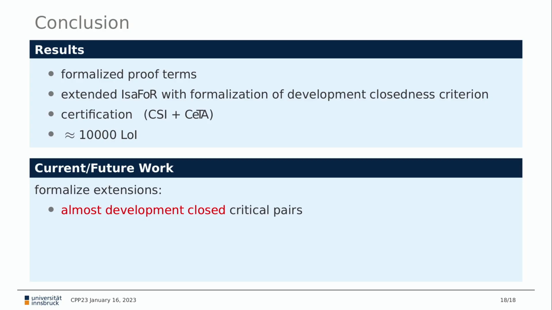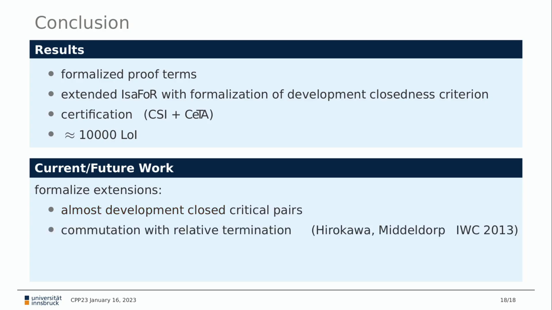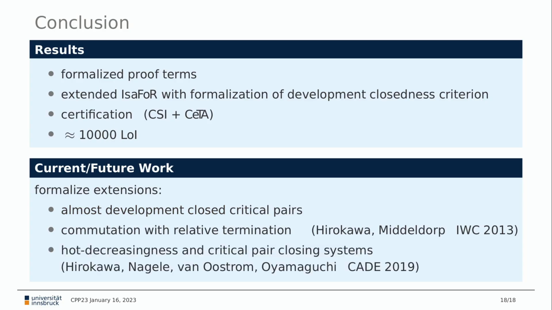The almost development closeness is an extension, and I managed to also formalize the extension by now. More interesting work would be commutation with relative termination, and this relatively new paper by Hirokawa, Middeldorp, van Oostrom, and Yamaguchi, which also extends the development closeness criterion. Yep, that's it. Thanks.